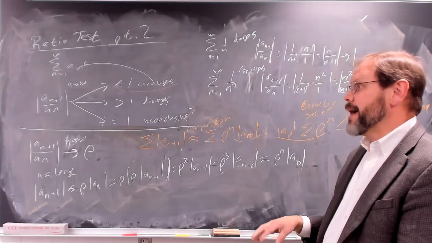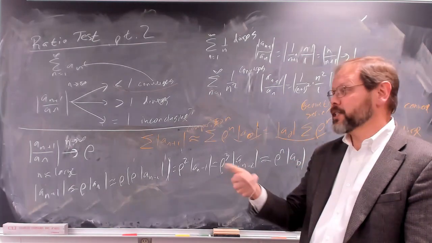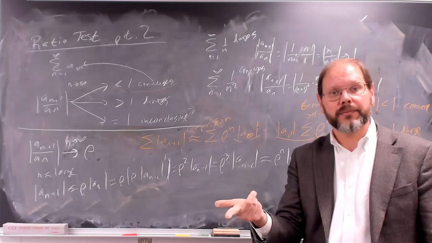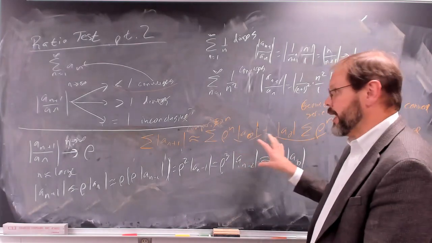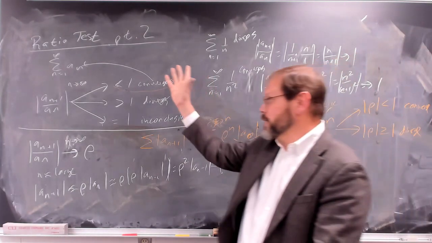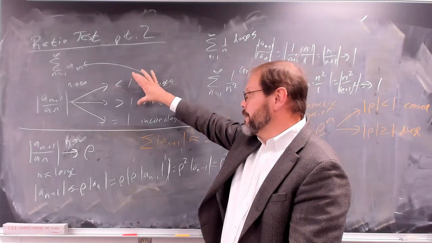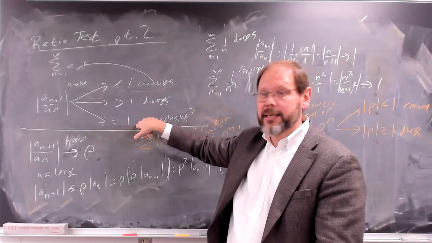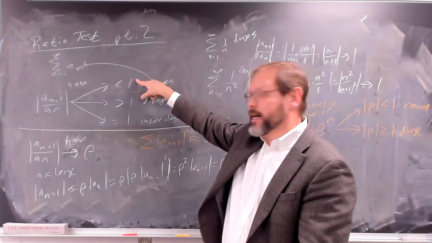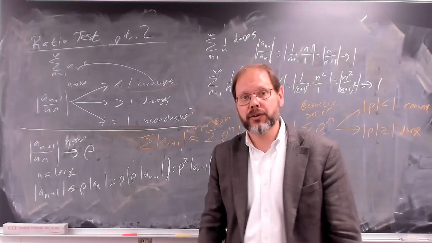Okay, and then again, I can simplify such things, and same thing with factorials. It's a nice thing when I have exponential terms and when I have factorials, it makes it easier to not get a 1. It makes it easier to get a number that's less than 1 or a number that's greater than 1.